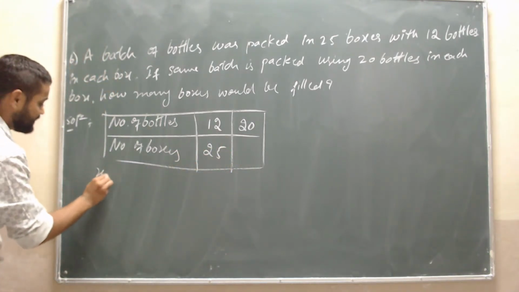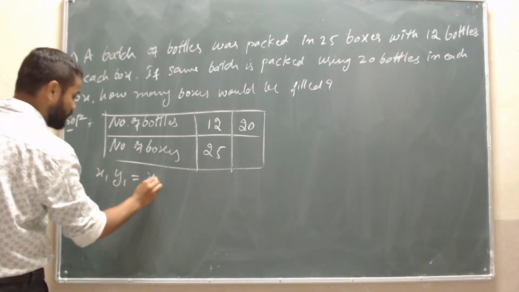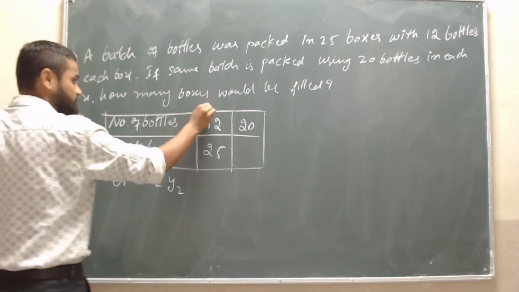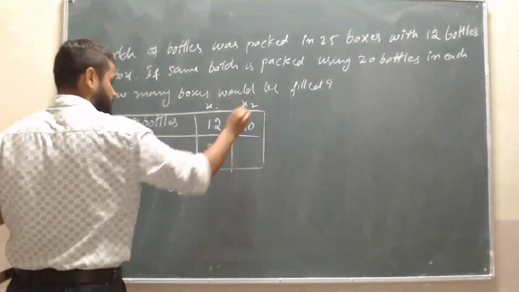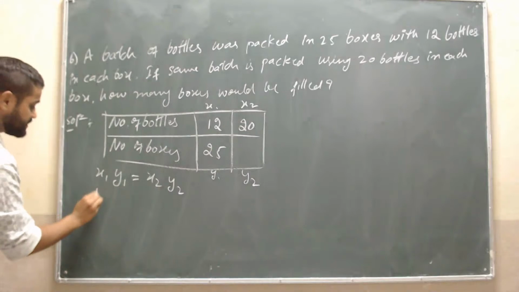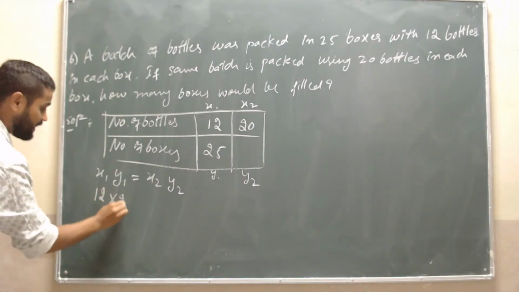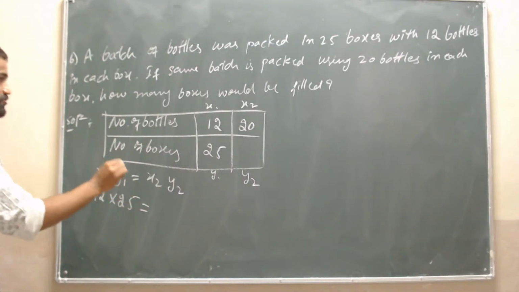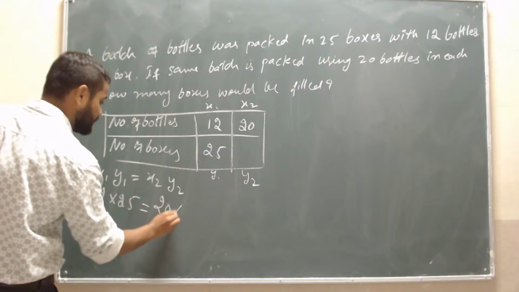That is x1 y1 is equal to x2 y2. x1 is 12 into 25 is equal to x2 is 20 into y.